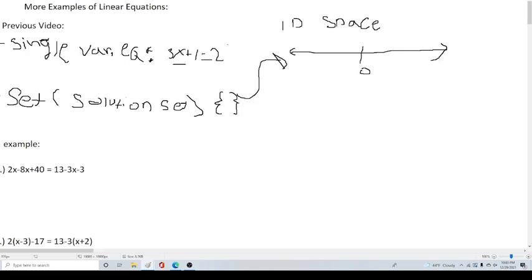Any numbers that we end up in these brackets is going to end up on this number line.